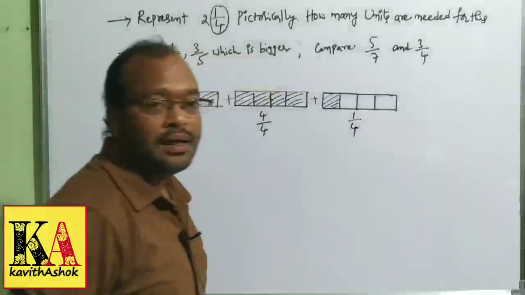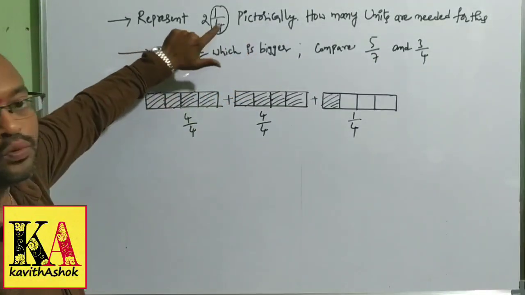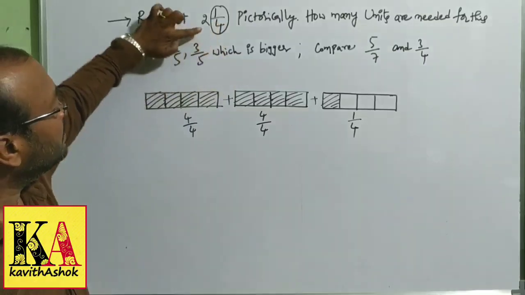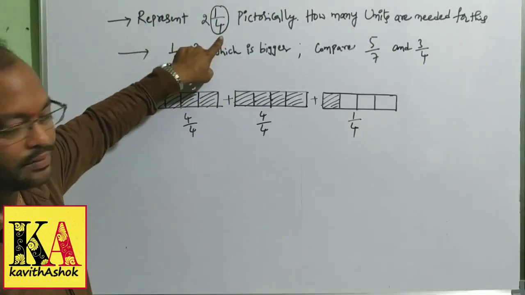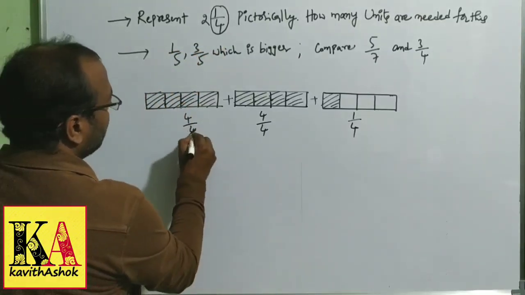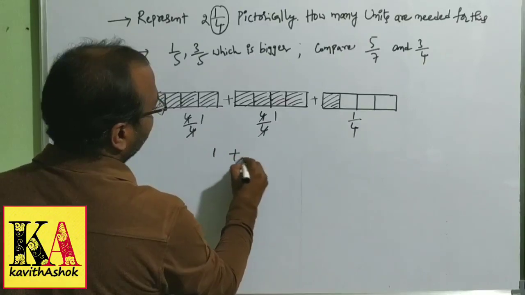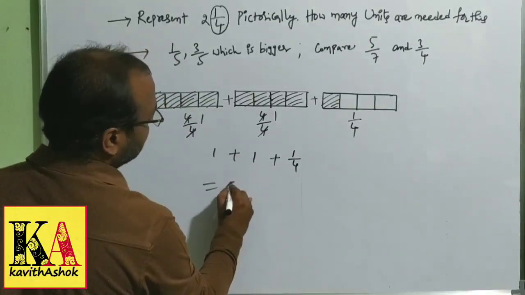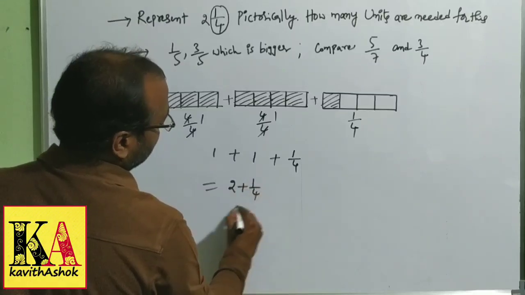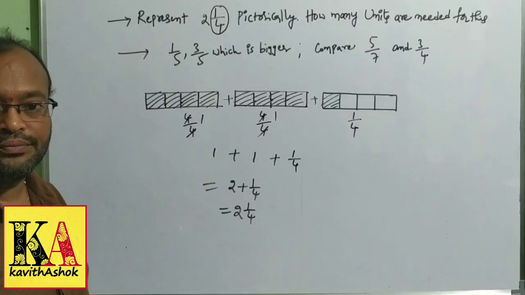So this is a pictorial representation of 2 1 by 4. This is a mixed fraction, and 2 is the integral part here and this is the fractional part. So 4 out of 4 in the sense this will be 1. 1 plus 1, and this part is 1 by 4. This is 1 plus 1 is 2 plus 1 by 4. This is nothing but 2 1 by 4.